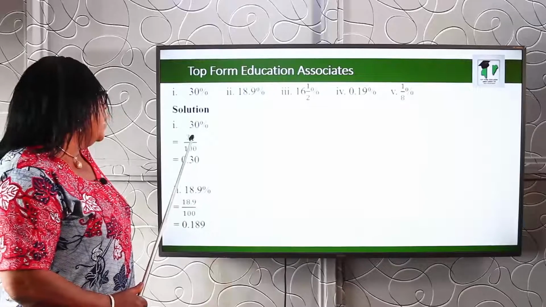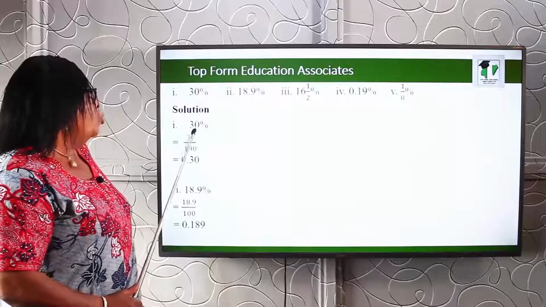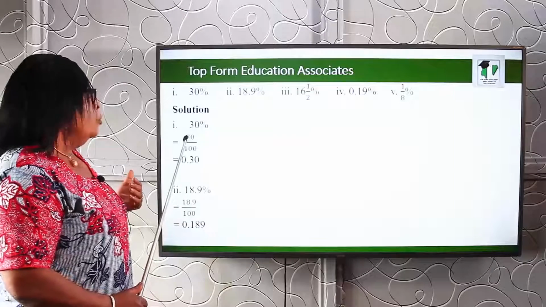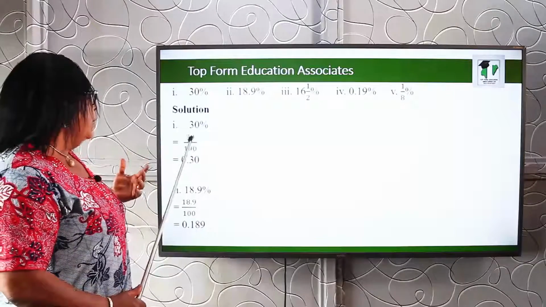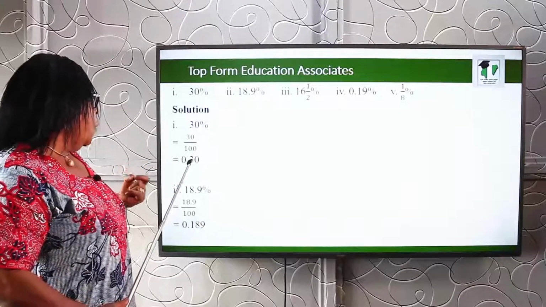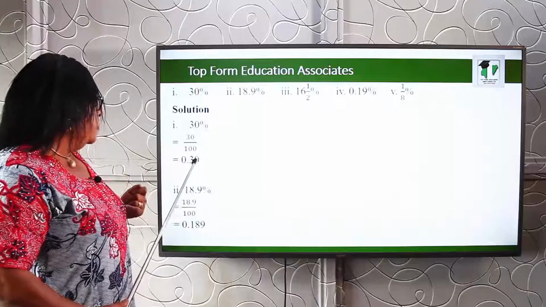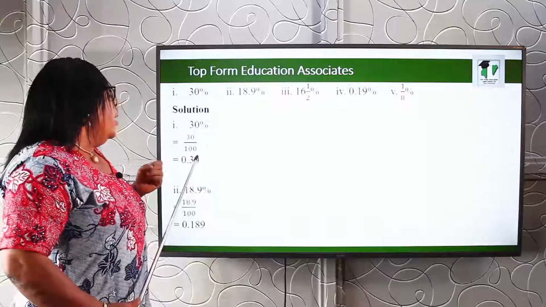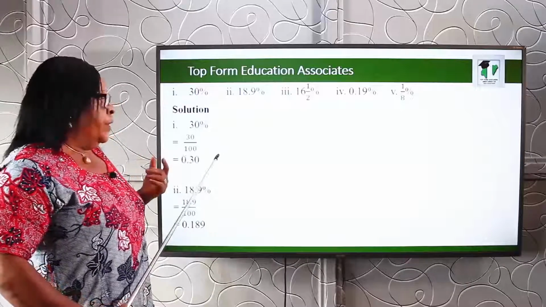So you move it 2 places to the left, because you are dividing by 100. When you do that, you will have 0.30. You can leave it as 0.30 or 0.3.